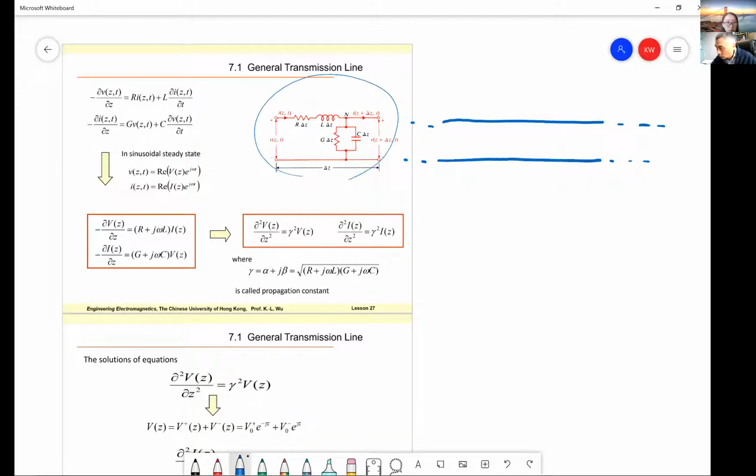This is if we are talking about a very short transmission line, that can be described by this circuit model. In this circuit model, we have series inductance, all per unit length.